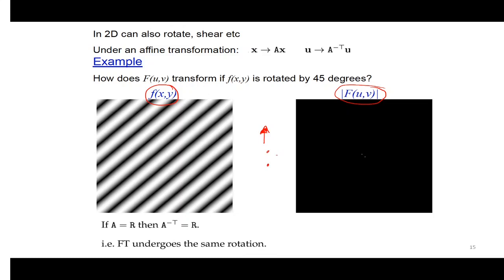Now this is equivalent to rotating it in this direction by 45 degrees, right? So you would notice here this would also rotate your Fourier domain. Again, this derivation I will not go into, I leave it to you. But I would just emphasize here that if you rotate the image in the spatial domain, the frequency spectrum also gets rotated by the same angle.